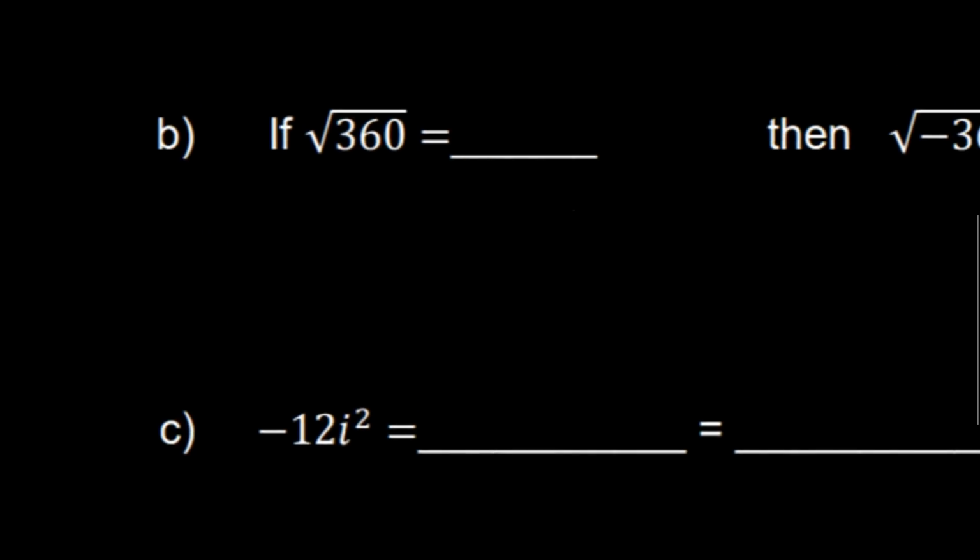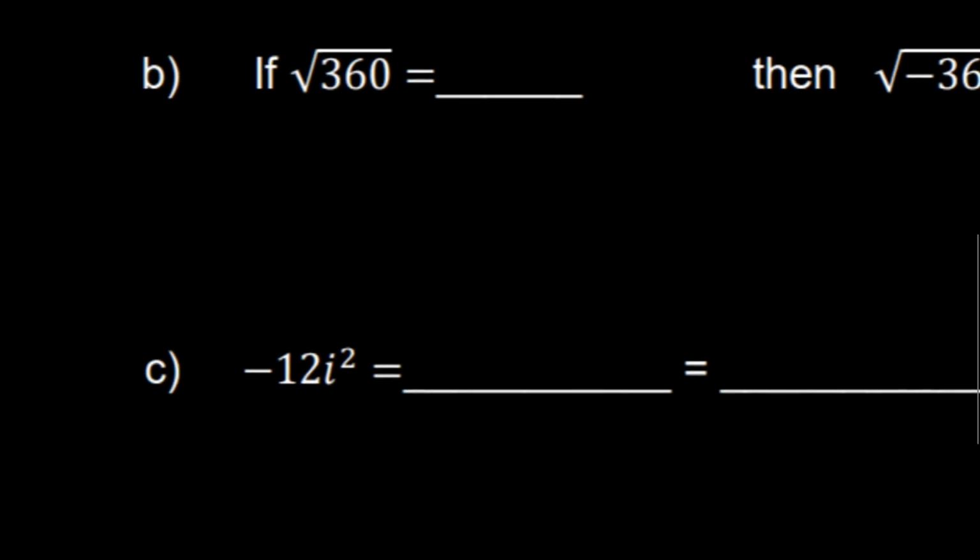So here, 360. What can I do to simplify 360? I showed you the factor tree, right? Let's just do the factor tree. For those of you still confused how to do this in your head, let's factor tree this. So, what two factors go into 360?